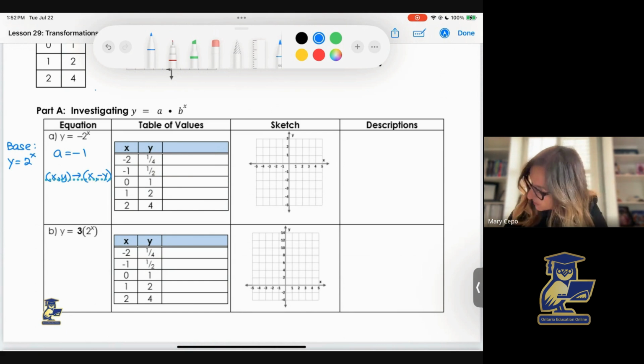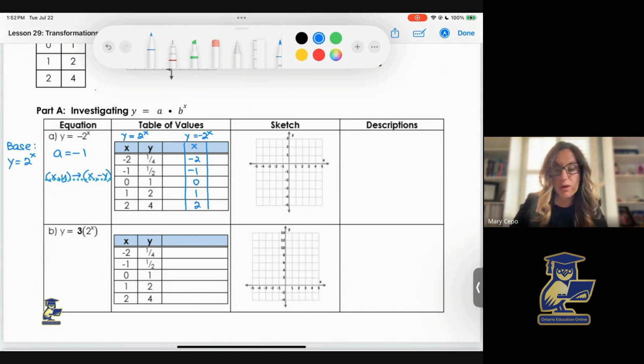So this is my base function, and this is y is equal to negative 2 to the power of x. With all these coordinates, I'm just going to create my little table here. The x values remain the same. However, the y value is impacted. Each y value is multiplied by negative 1.